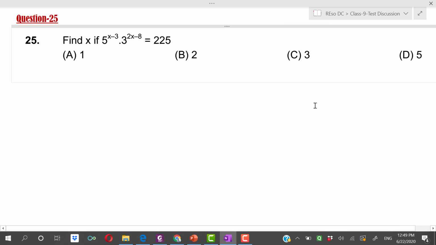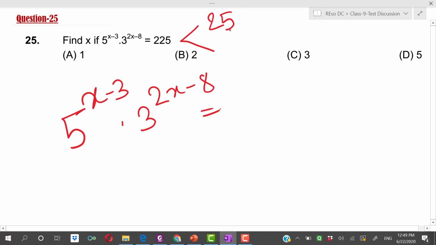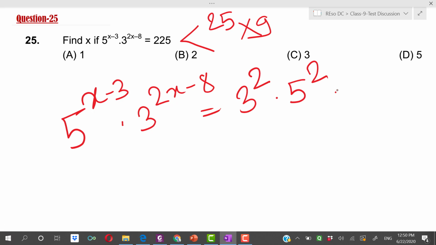Now here what I will do is I will write 5 raised to the power (x minus 3) multiplied by 3 raised to the power (2x minus 8). Now this 225 I will write as 25 multiplied by 9. So this will be 3 raised to the power 2 multiplied by 5 raised to the power 2. Now I will compare the powers of 5 and compare the powers of 3.